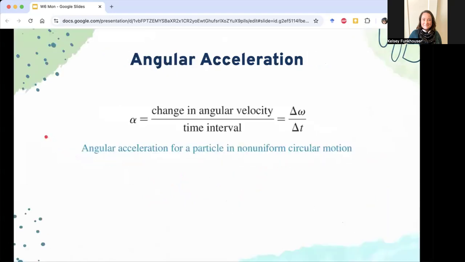So just like with linear motion, we have angular acceleration, and that's the change in the angular velocity divided by the time interval.